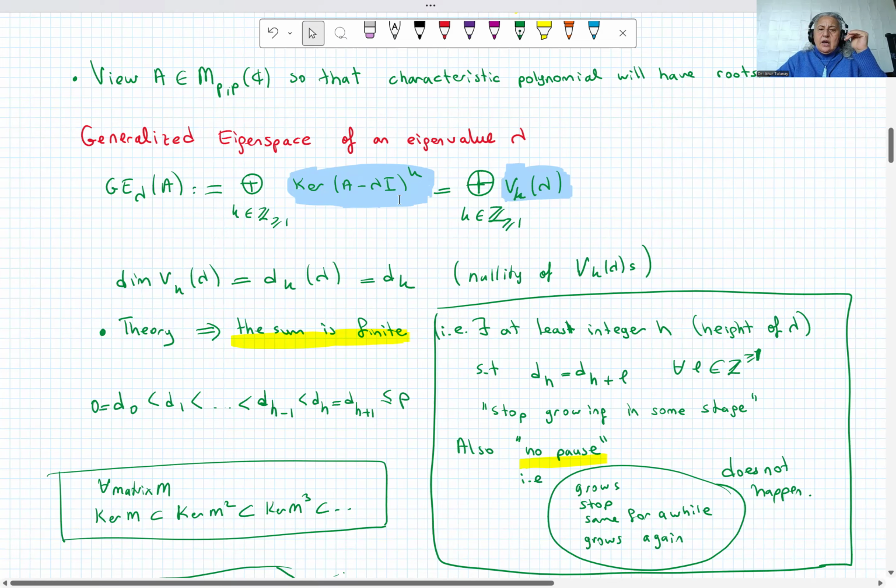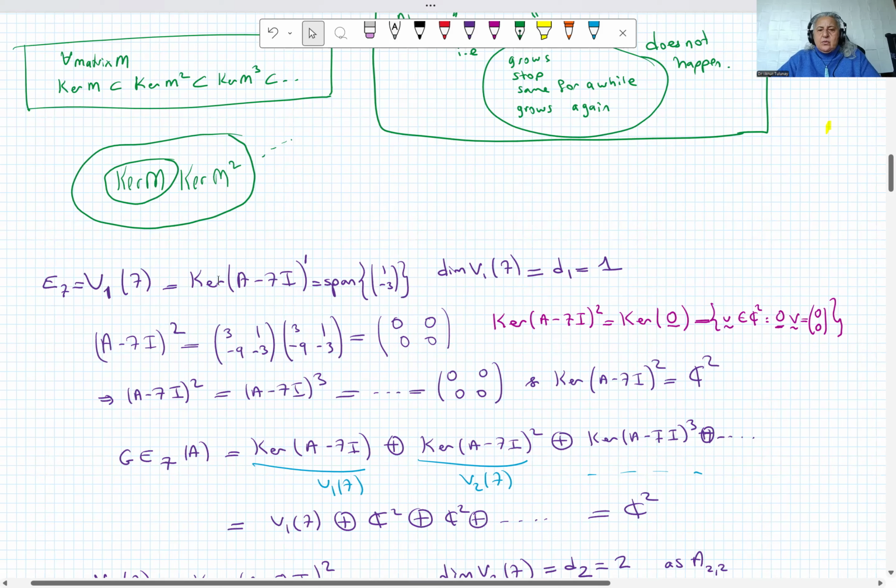Okay, let's calculate it. V1 will be exactly the same, because it's the first power and we already calculated it. K equal to 1 is exactly the eigenspace that we started with. So d_1 is the dimension of the eigenspace, which is 1 in our case. That's the calculation we did just before.